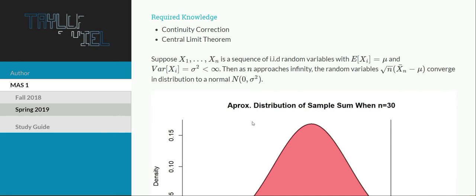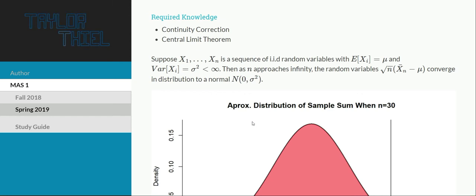In this problem, it's actually extremely similar to the previous problem, question 21 of the spring 2019 exam. See the little i in the top right corner of this video if you want to jump to that. And we're really going to be using a lot of the same required knowledge, which are continuity corrections and central limit theorem.